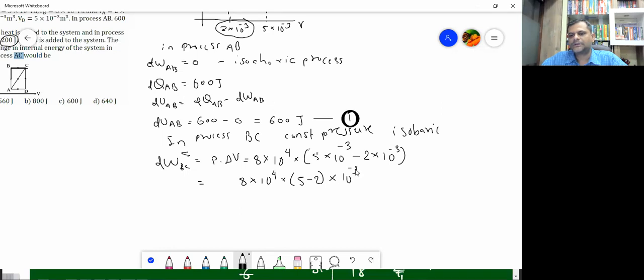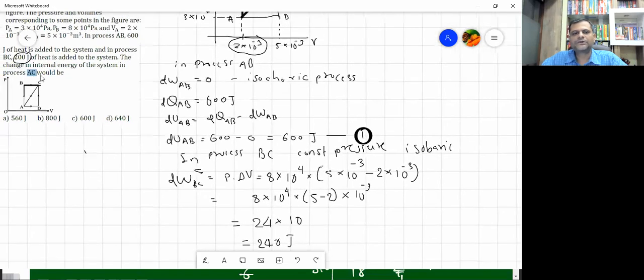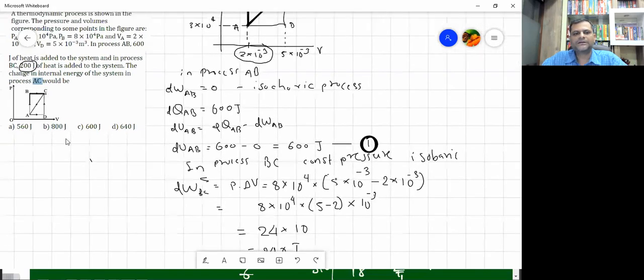Yes, so we get this as 8 into 3, 5 minus 2 मतलब 3 ना, तो 8 into 3 बनता है 24, and 10 raised to 4 minus 3 becomes 10 only. सो यहाँ पे ये बन रहा है 240 जूल. ओके, दिस इज द वर्क डन ओनली, बट ऑलरेडी इट इज गिवन हियर दैट in this process 200 joules of heat is added. बराबर है.